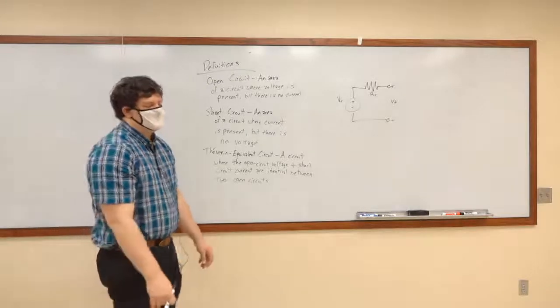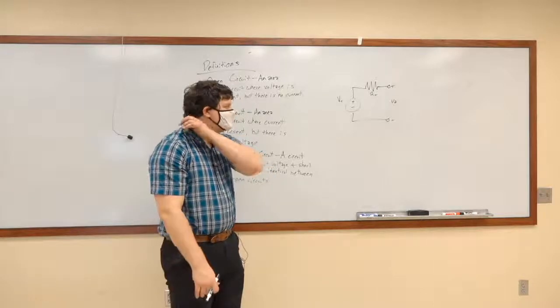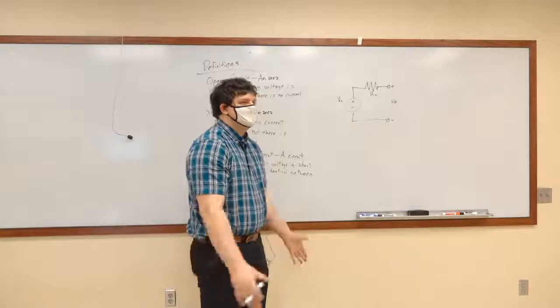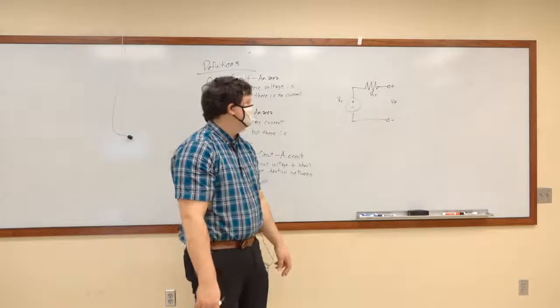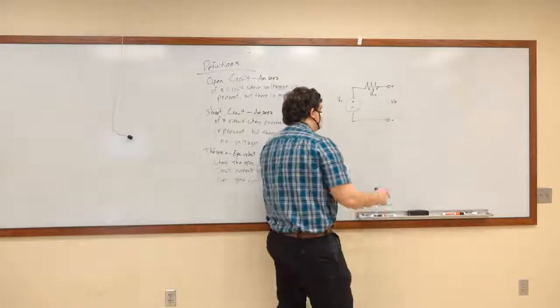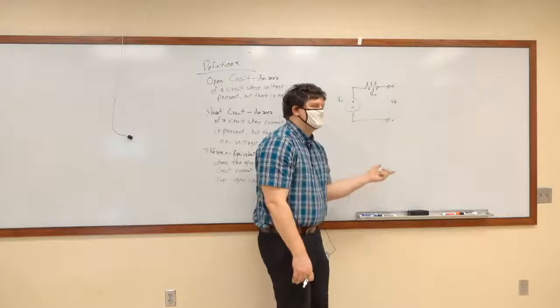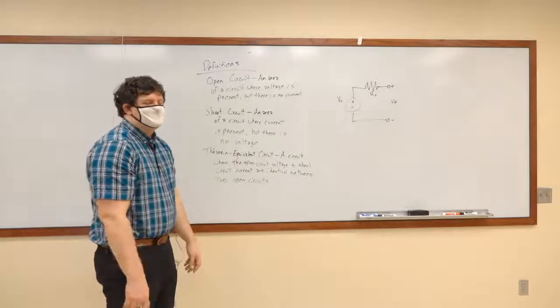Now, we've talked about Kirchhoff's voltage law. In every closed circuit, the voltages sum to whatever the power source voltage is, okay? Well, this isn't a closed circuit. This is an open circuit. It's the definition of an open circuit. But the principles still apply.